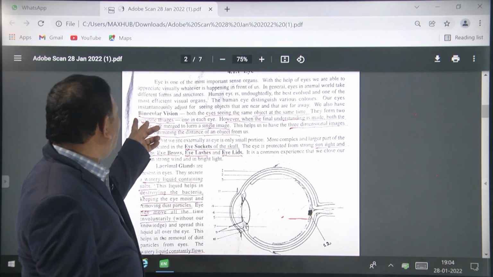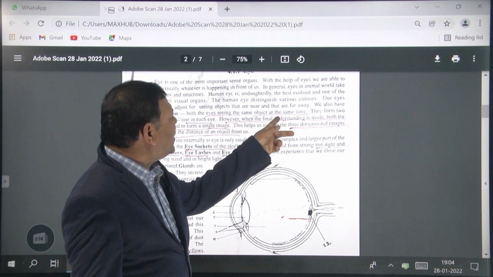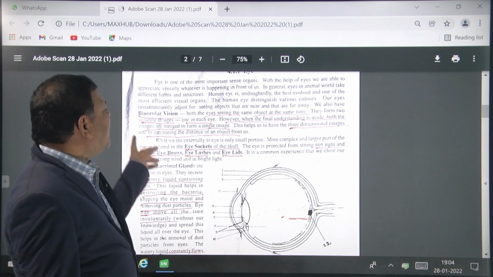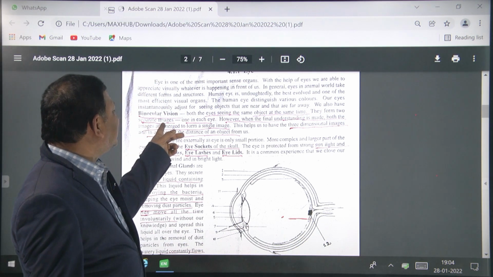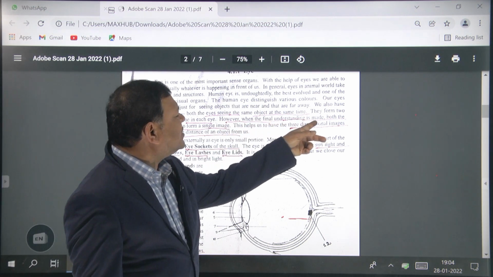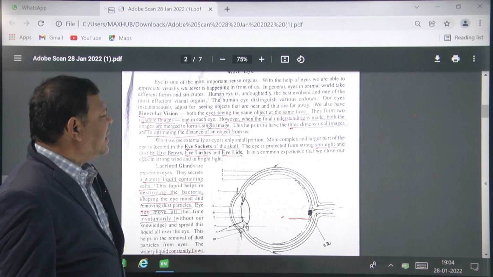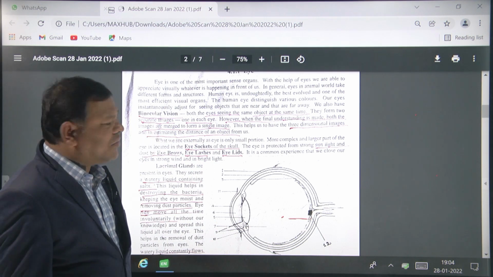So that is called binocular vision. Both eyes see the same object at the same time. They form two separate images, one in each eye. However, when the final understanding is made, both images are merged, forming a single image.